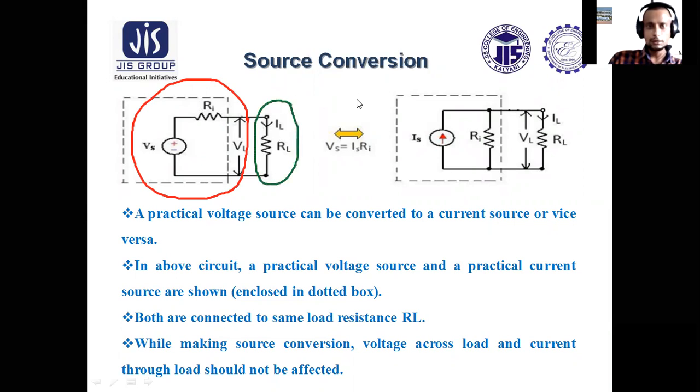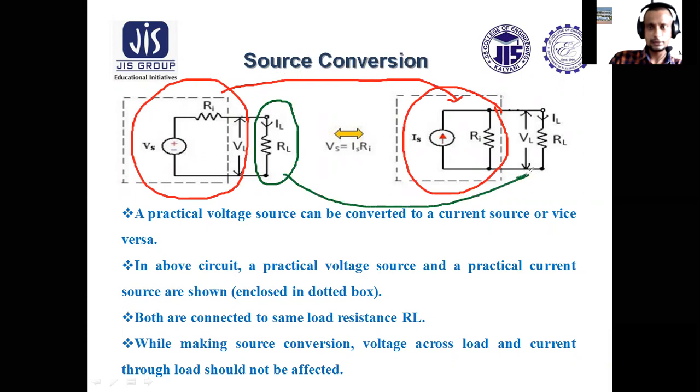Now the same practical voltage source can be converted to a practical current source, whereas the load resistance will remain the same. So how can we make this conversion? That we are going to discuss.